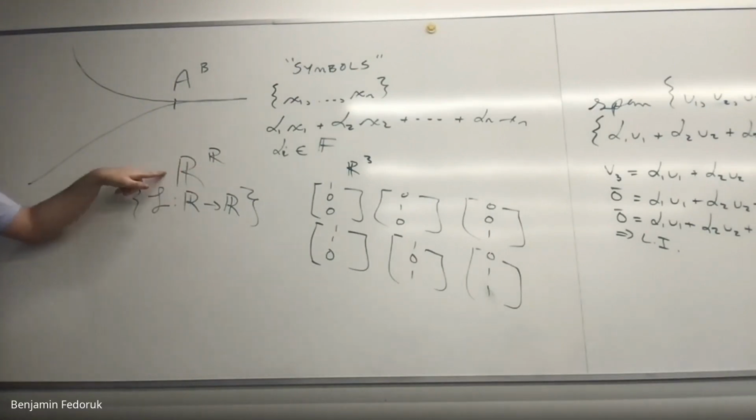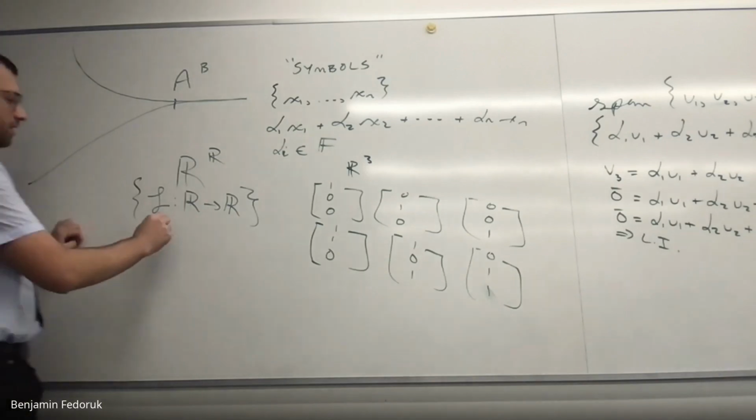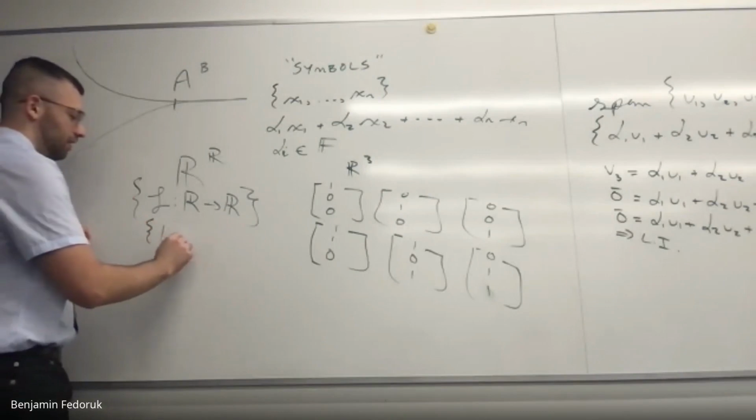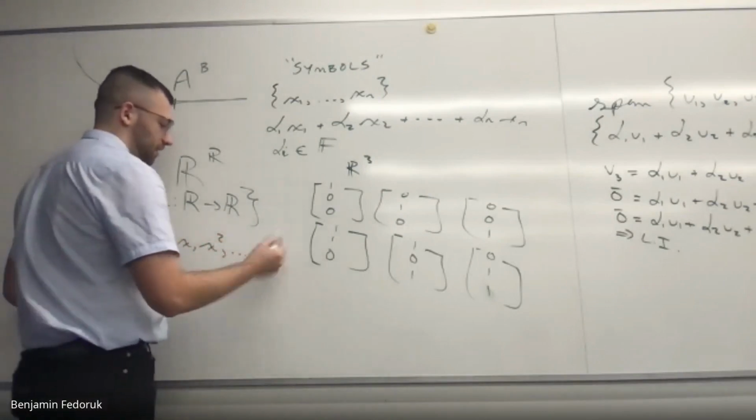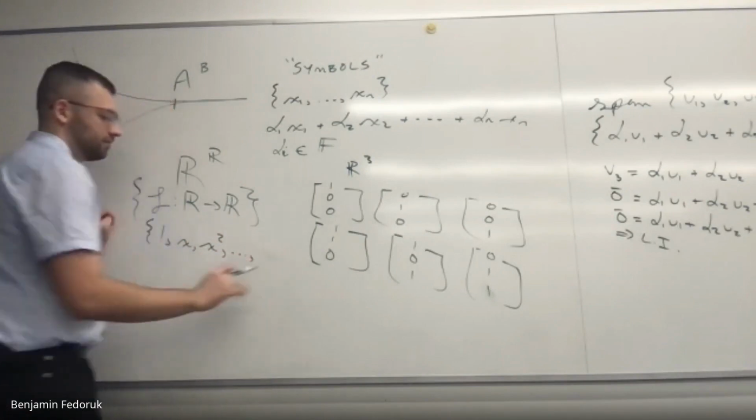So if we consider this set R to the R, that's the set of all functions. It forms a vector space. Maybe you don't believe me, but it does. So clearly that has infinite dimensions, right? Because there are infinitely many functions. That set is so indescribably large. You could even start by saying, well, what if we consider the set 1, x, x squared, all the way up to infinity, and keep going.